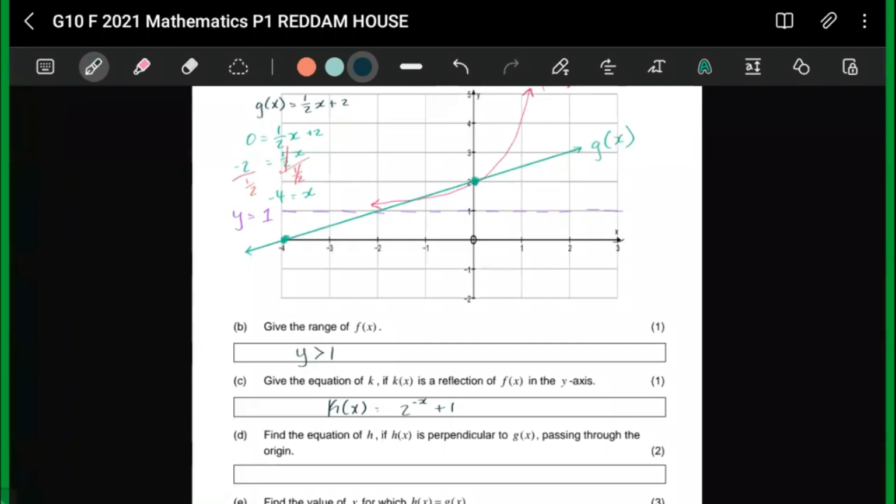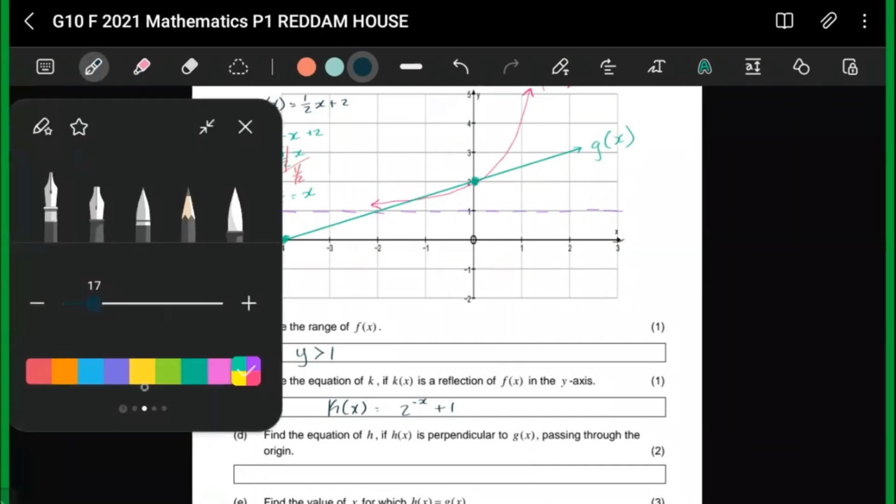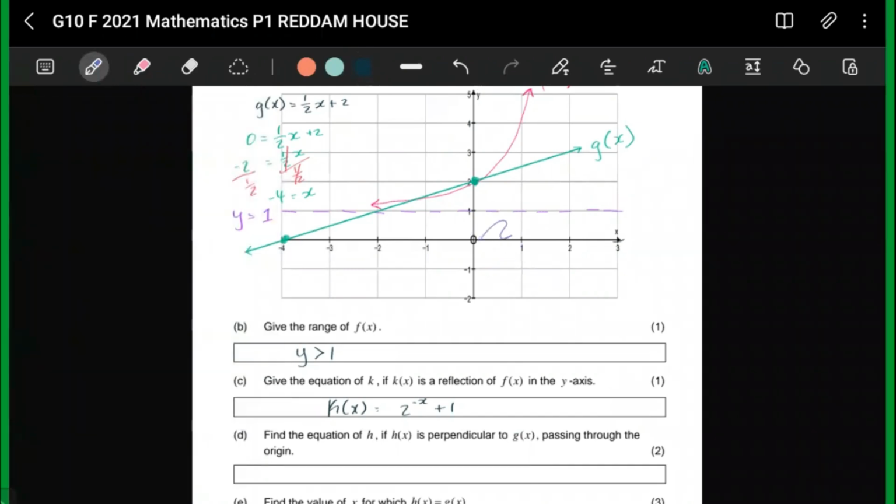So all the information about H, we're going to need to get from G. Fortunately, they told us that it passes through the origin. So getting the equation is really not going to be a hassle, as it shouldn't. So this being said, let's get the equation of G.